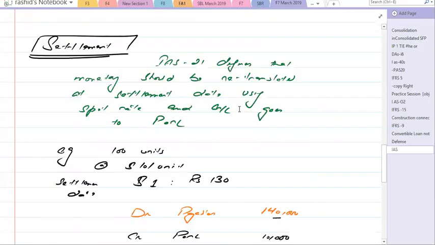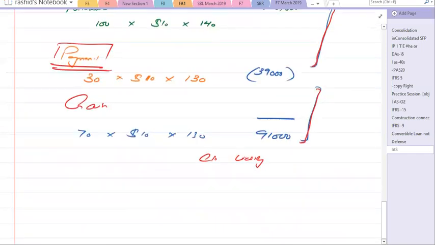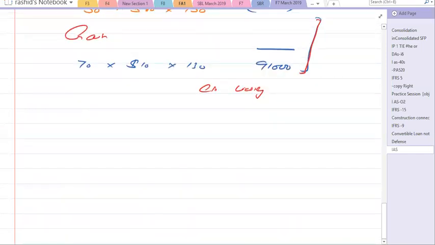So remember, when you are doing the settlement, IAS 21 defines that monetary items should be retranslated at settlement date using the spot rate, and gain or loss goes to the profit or loss. Now similarly, unsettled balances.